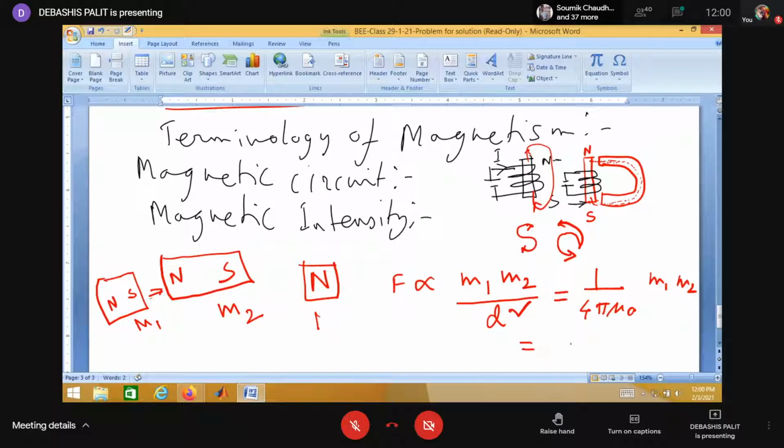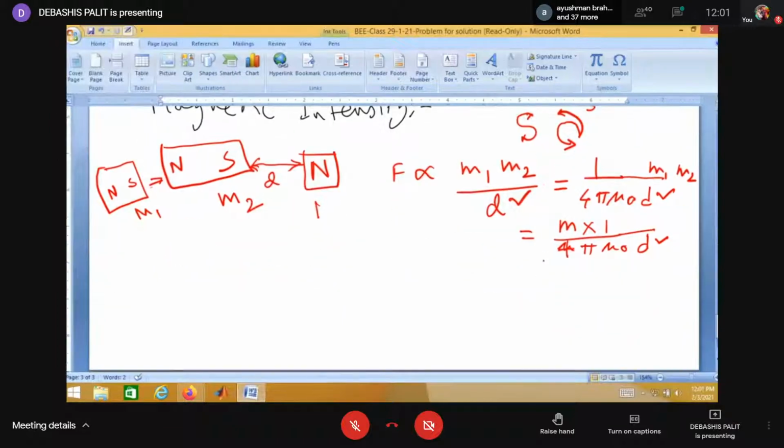That is equal to m, the pole strength of the magnet, into 1, the pole strength of the unit pole, divided by 4 pi mu 0 d square, where d is the distance between the unit magnetic pole and the magnet. This is your magnetic intensity.